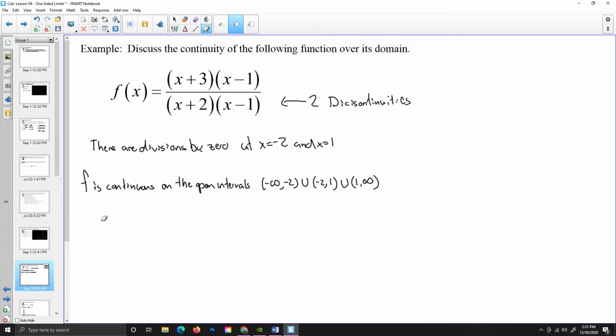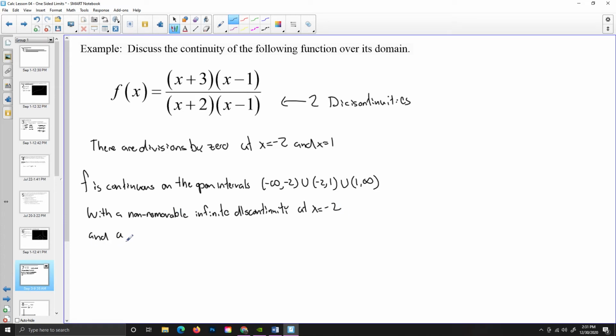There is a non-removable infinite discontinuity at x equals negative 2 and a removable discontinuity at x equals 1.